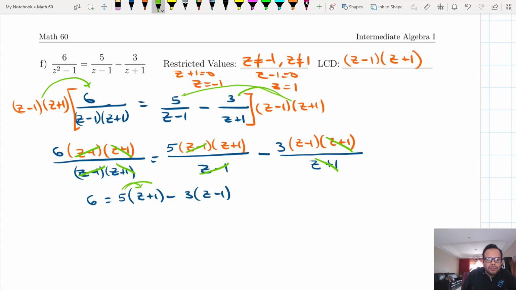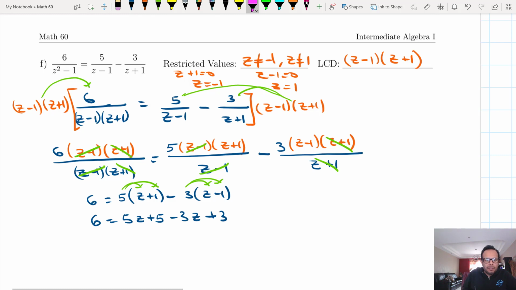So we need to distribute the 5. So this is going to be 5z plus 5, and distribute the negative 3 over the second term with parentheses, right? Be careful when doing that. That's going to give us negative 3z plus 3. The 6 on the left-hand side remains the same. Now let's see, what are we going to get?